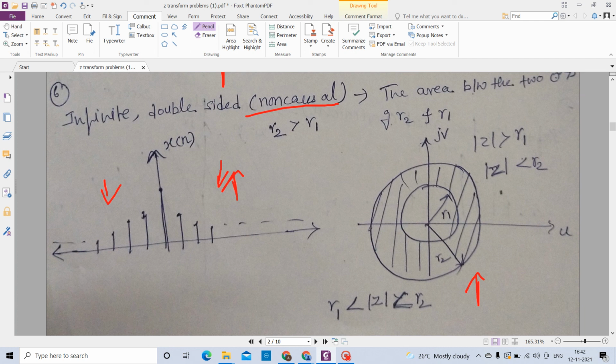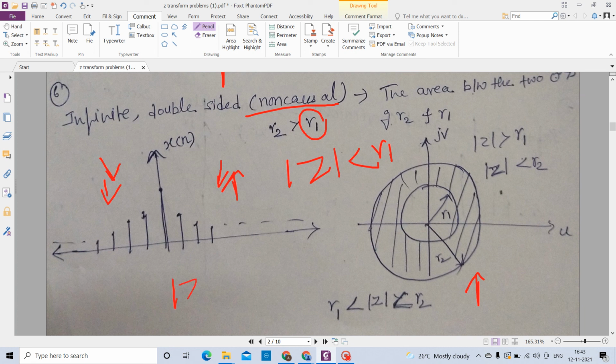Here I take r1 as the radius of one circle and r2 as the radius of the other circle. If the magnitude of z is less than r1, it is a left hand side sequence.